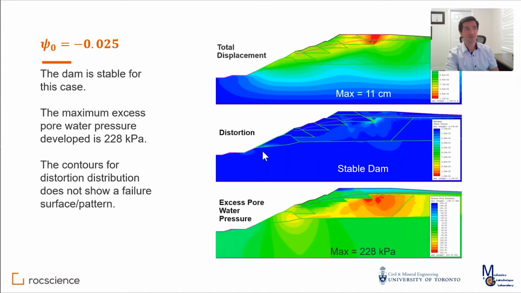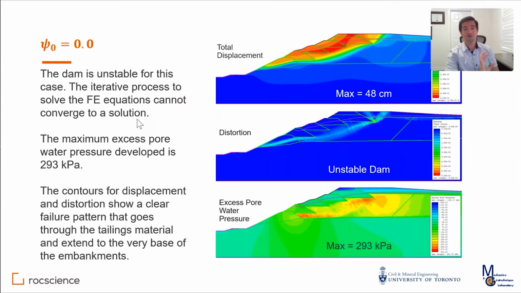kPa. If I'm going for a little bit looser material, you're looking at here, the maximum deformation from the 11 centimeters previously is now 48 centimeters. The simulation was unstable. I will show you what I mean by that when I open the model.